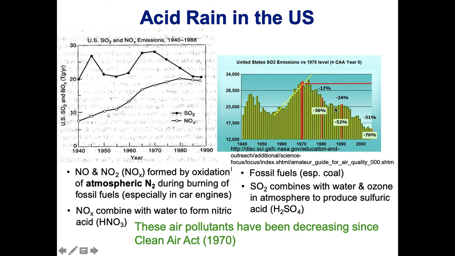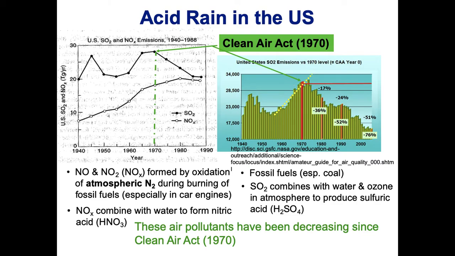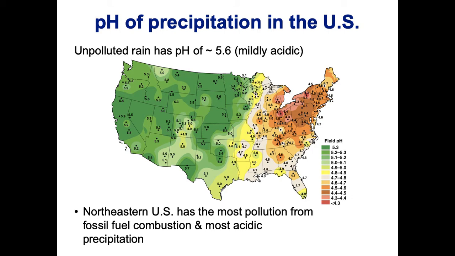And then when we took action, it's gone down quite a bit since that high in around 1970. So the Clean Air Act is the cause of this decline. So these regulations are actually pretty effective, and so the amount of acid rain has gone down in conjunction with decreasing sulfur dioxide emissions. This looks at the pH of precipitation.